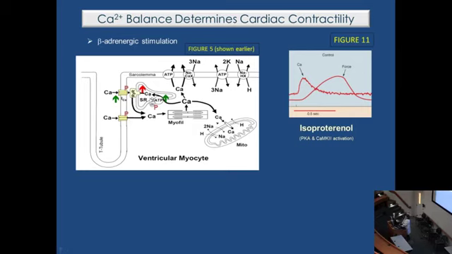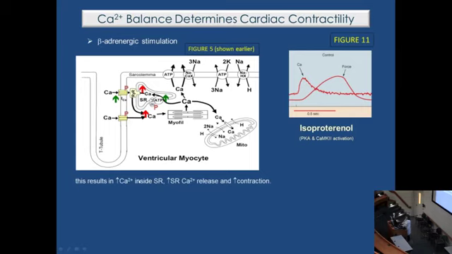If there is more calcium in the sarcoplasmic reticulum, at the next heartbeat there will be more calcium being released through the ryanodine receptor, and then we'll have an increase in the intracellular calcium concentration, and this will be reflected in the contractions.